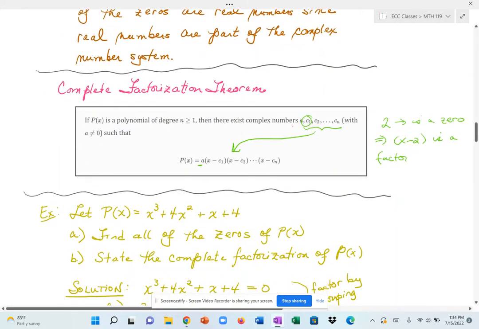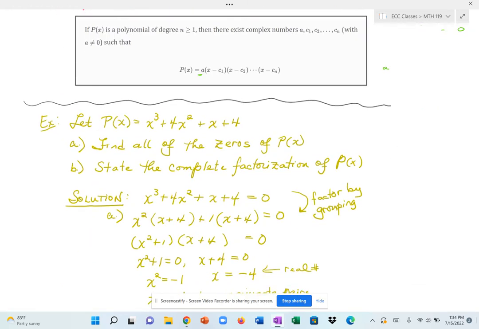So we have p of x is equal to x to the third plus 4x squared plus x plus 4. This is a third degree polynomial, and you're asked to find all the zeros of p of x. Okay, so p of x is actually something that can be factored by grouping. So that's what I did here.